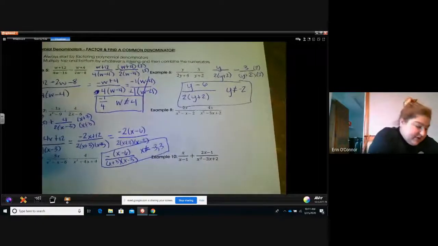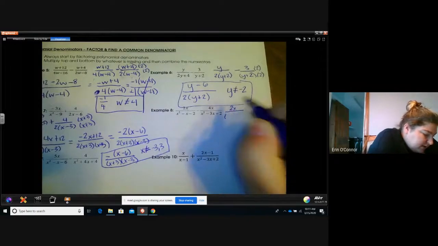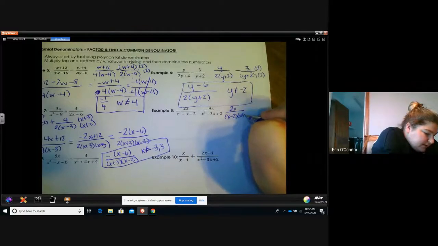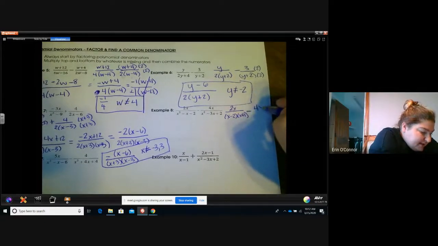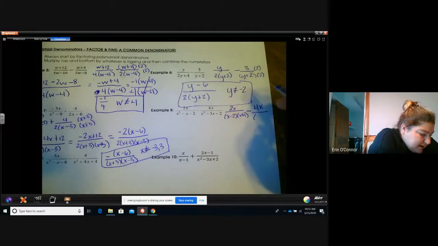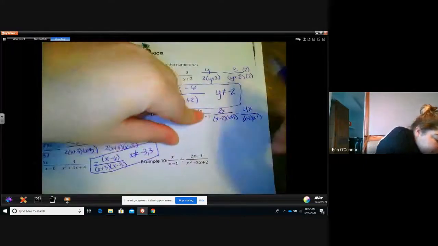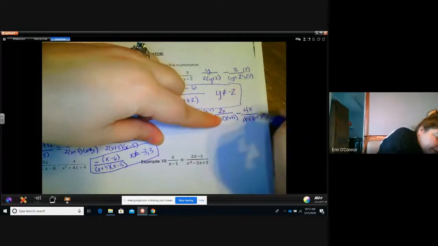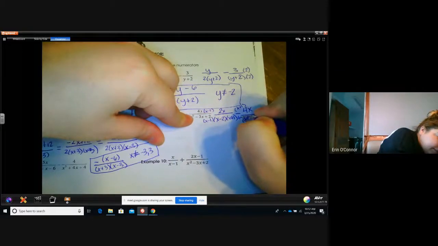Okay, for the next one, let's first factor. We get 2x over x minus 2, x plus 1. Minus 4x over x minus 2, x minus 1. So we need to multiply the left by x minus 1 and the right by x plus 1, because that's what's missing.